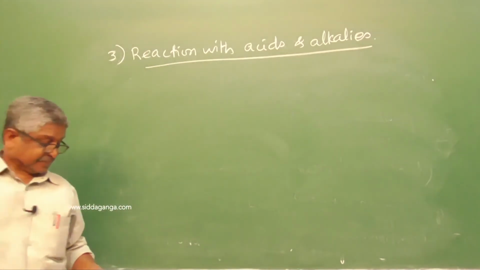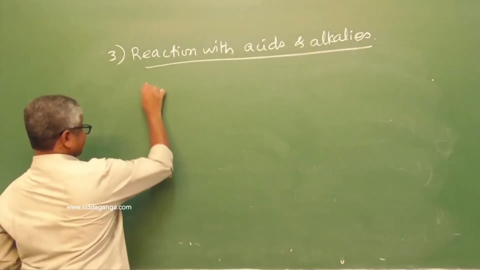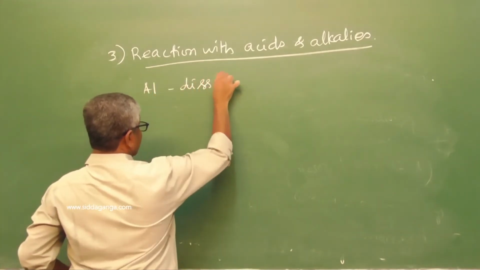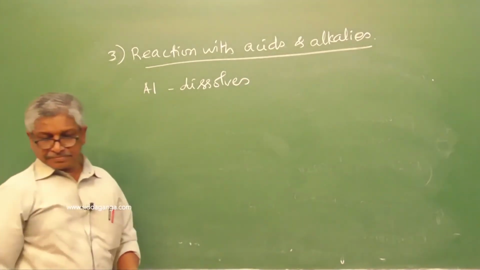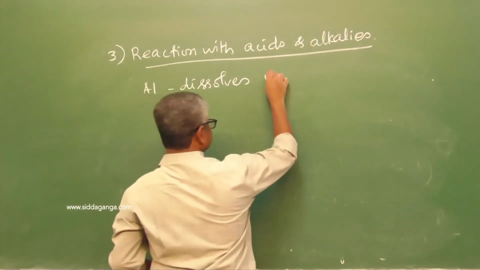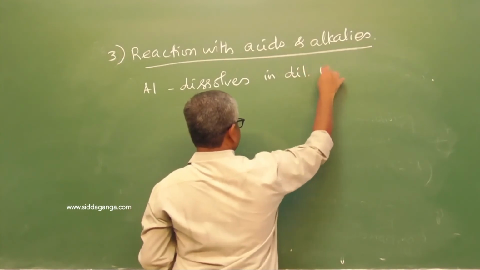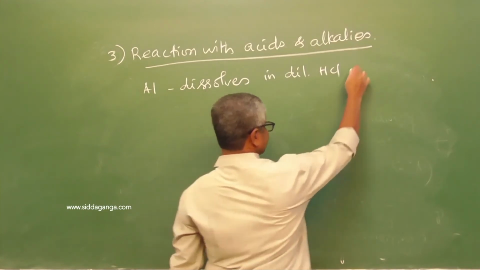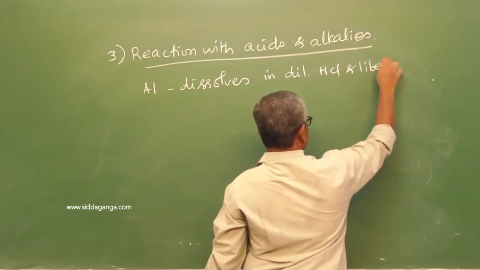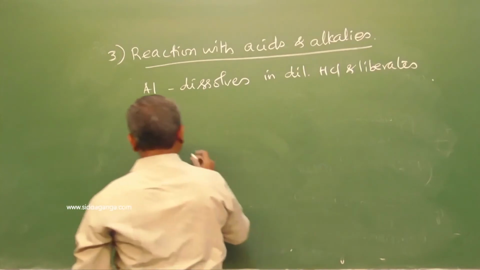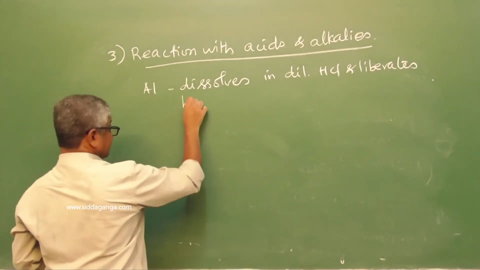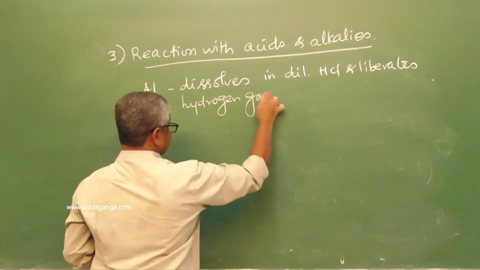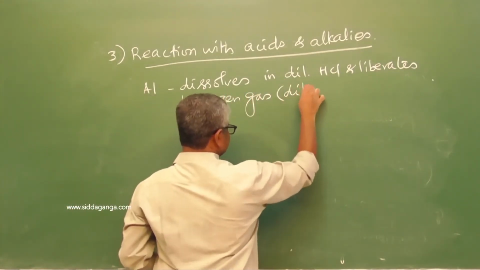Aluminium dissolves in dilute HCl and liberates hydrogen gas, or dihydrogen.